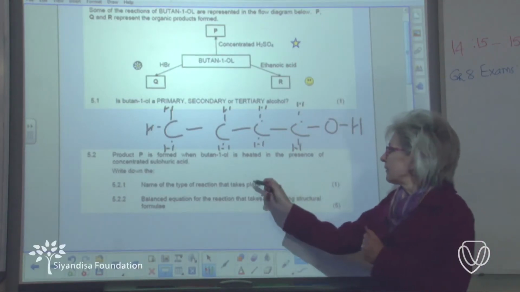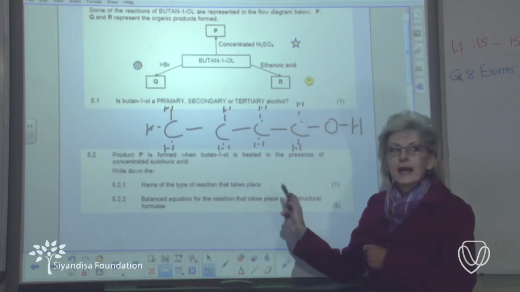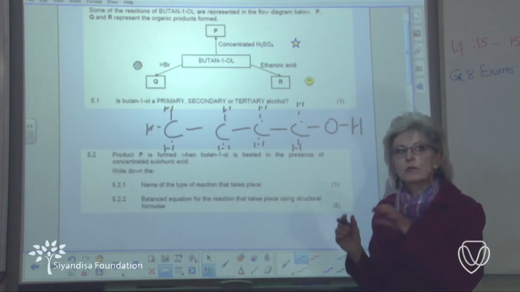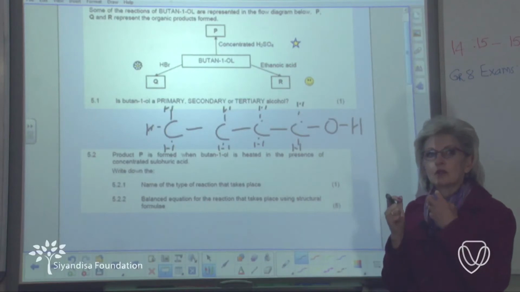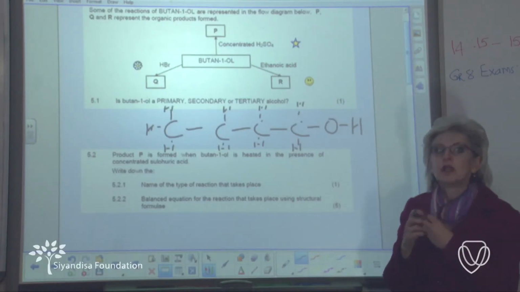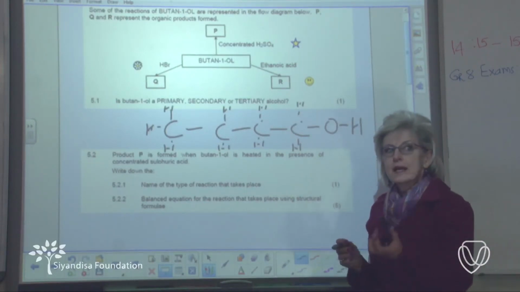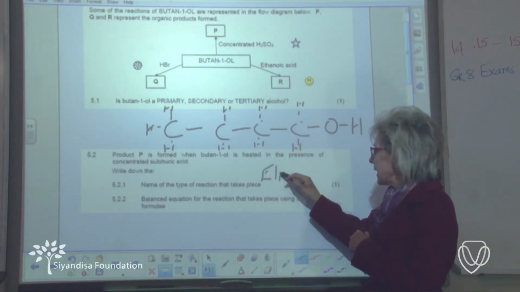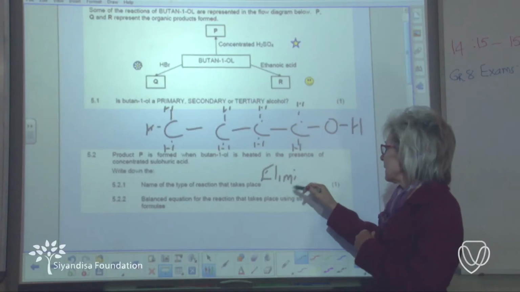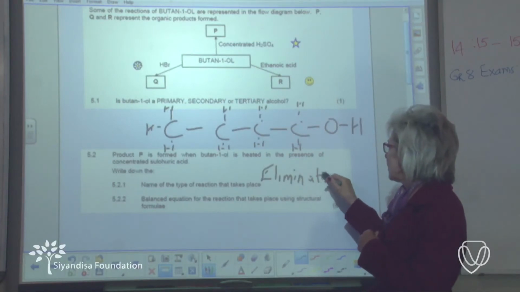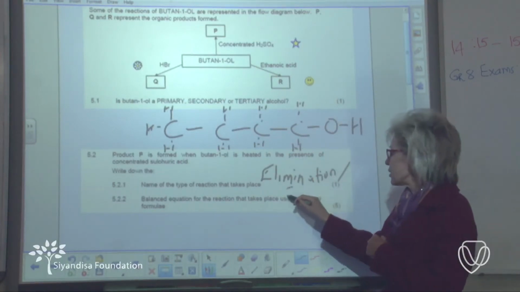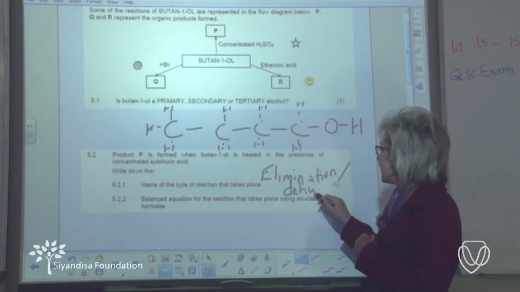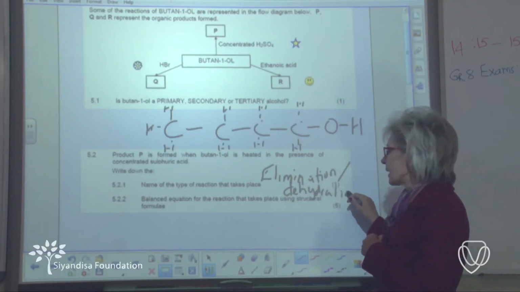So the type of reaction will be dehydration, and dehydration means you are taking away a water molecule, and if you're taking away a water molecule, you are then also doing some sort of elimination. So you can call it either elimination, or you could call it dehydration. So I'm removing a water molecule.